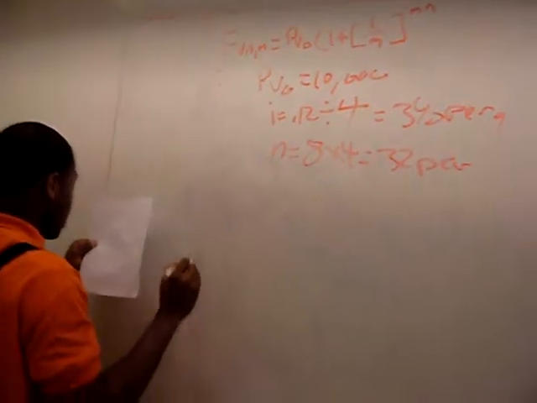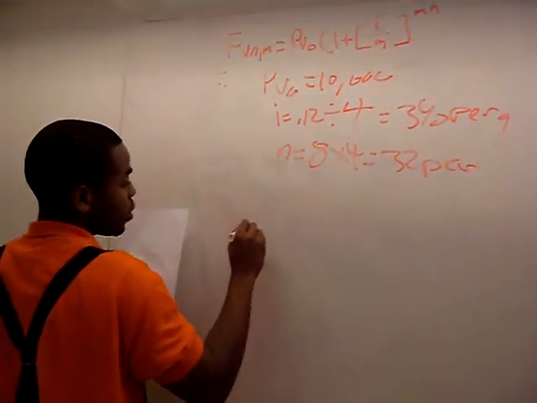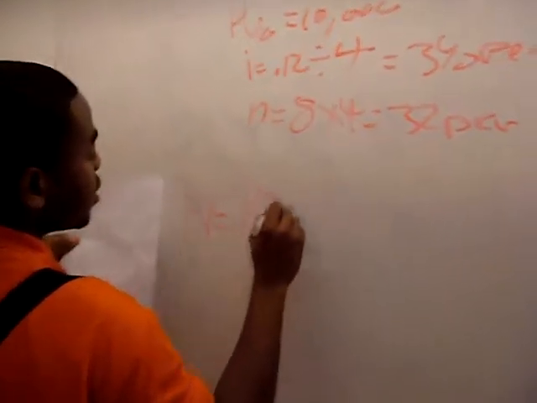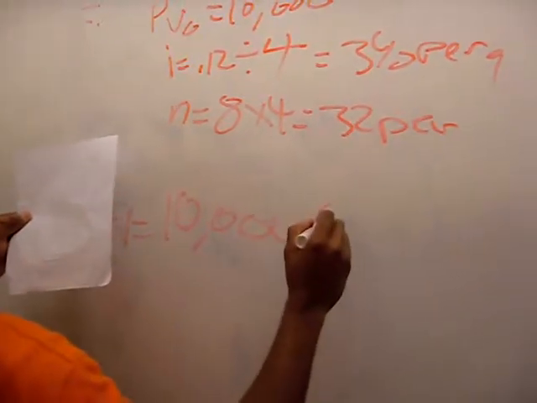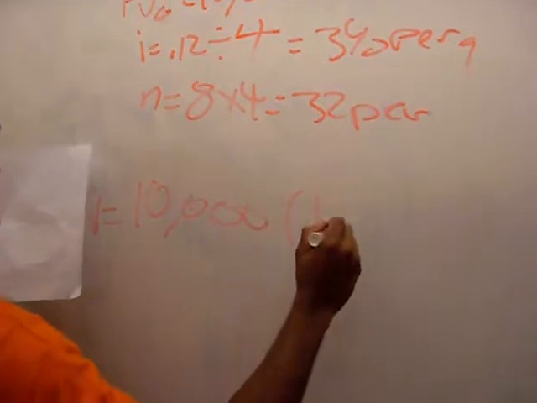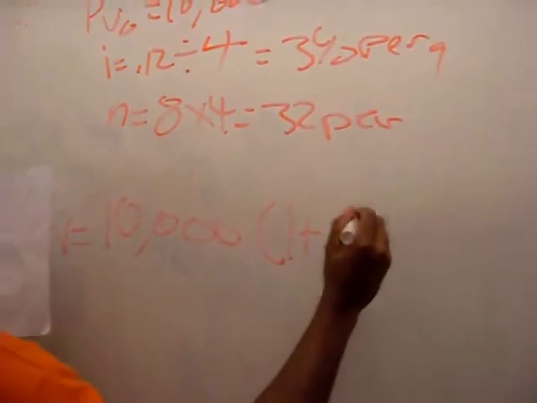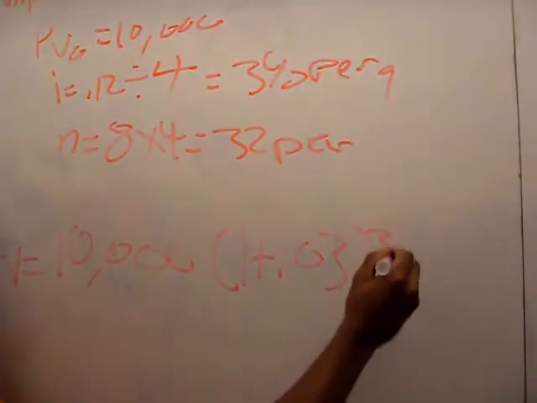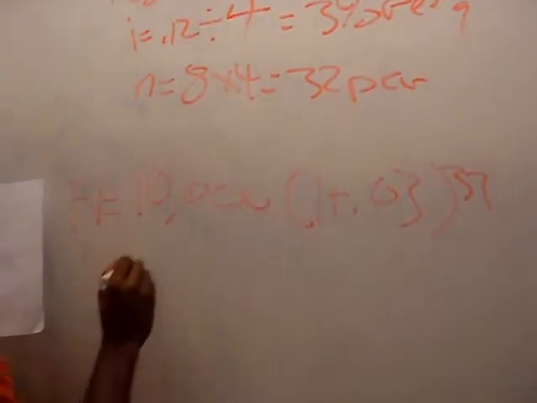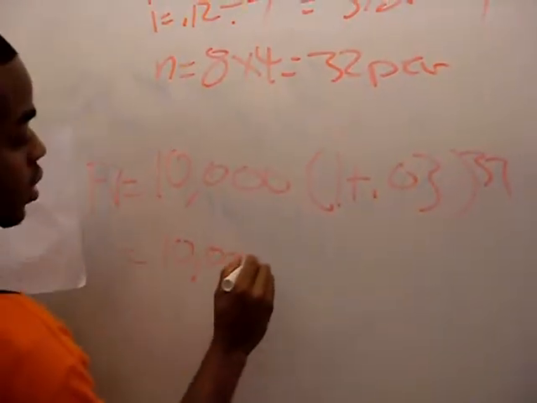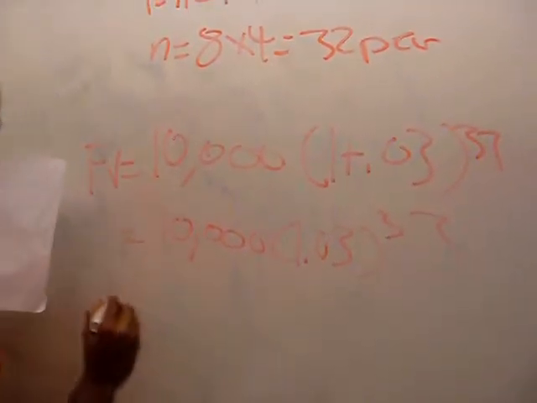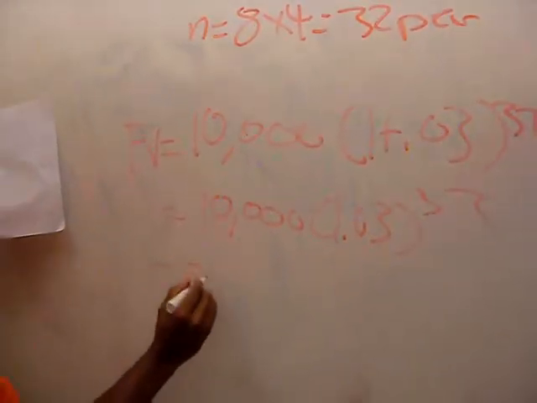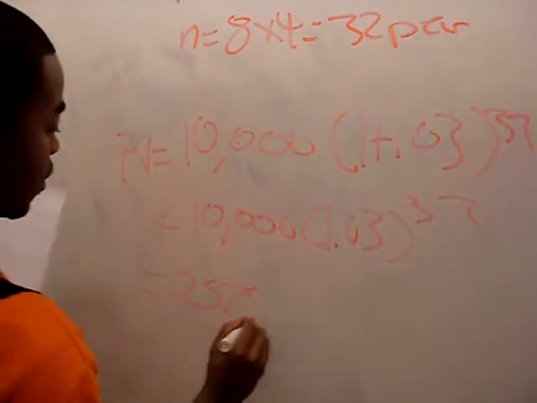Then you just plug it into the problem: your future value is equal to the principal, which was $1,000, times 1 plus the interest rate, which is 0.03, to the 32nd power, which will equal 2,575.10.